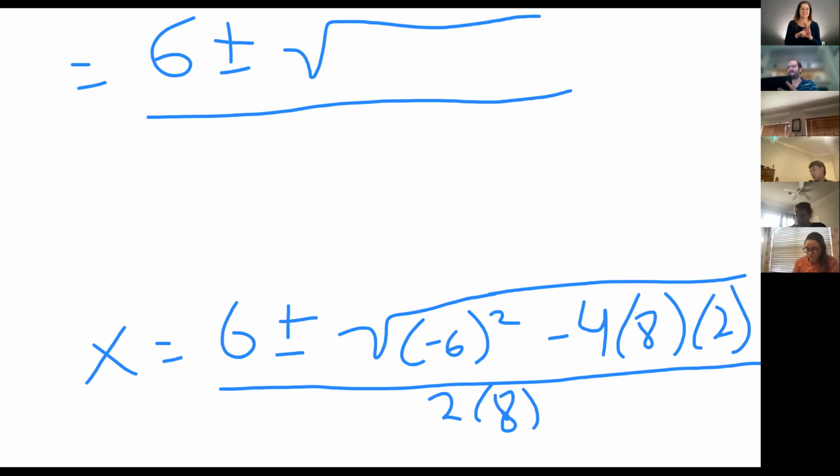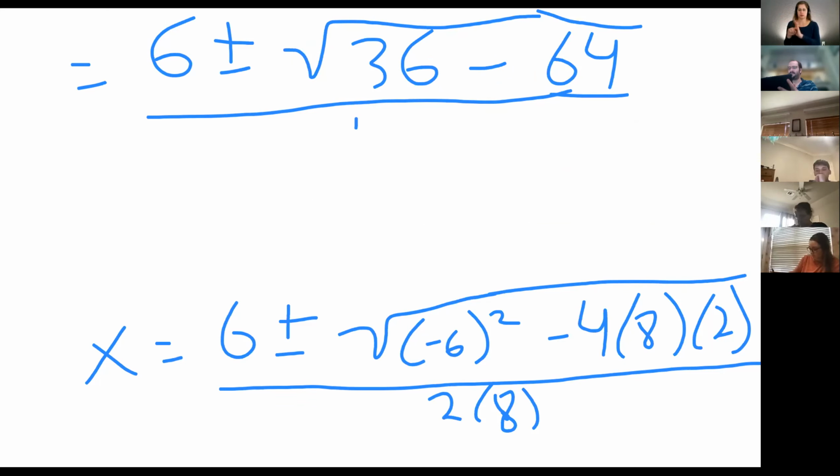And so you said minus 6 squared should give me what? 36. And then it'll be negative 32 times 2, and that it's negative 64. That's it. And then on the bottom, it should be 16. Yep. And then after that, you do 36 minus 64.